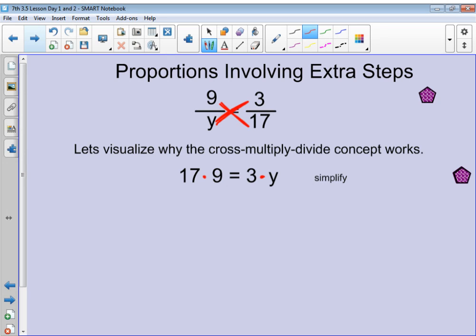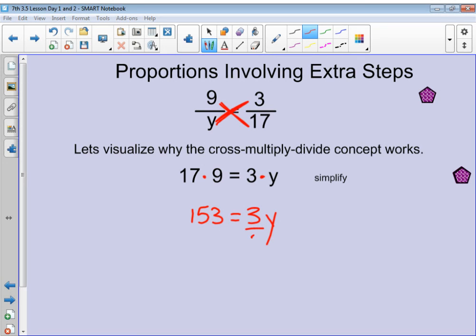So here, if I did my cross products, 9 times 17 is going to give me 153. And that's going to be equal to 3 times y, which is 3y. I know we're probably not going to set them up this way, but we're going to do that cross multiply divide, only we're going to have to do one additional step.